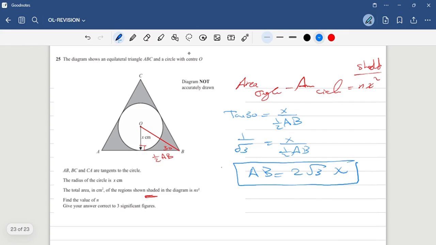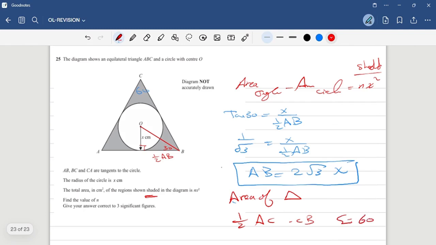And as we know before, the area of a triangle, as a sine rule, with this 60 angle, I have to say half times side times side times sine angle. So area of triangle will equal half AC multiplied by CB multiplied by sine angle, which is sine 60, of course.